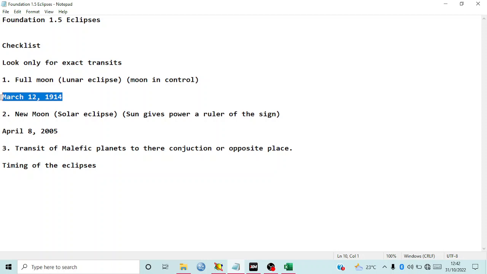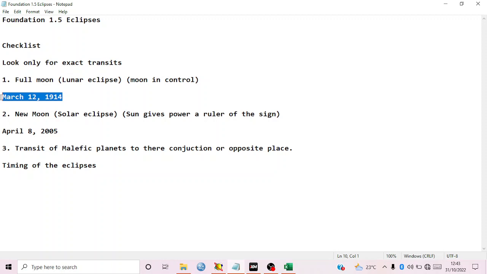So a solar eclipse happens when the sun happens to be in exact conjunction with the new moon. So whenever the new moon happens and the sun is exactly on the position of the new moon, a solar eclipse happens, right?